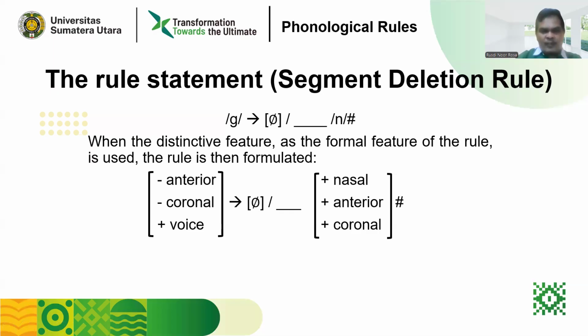So you must know exactly about distinctive features. So this is segment deletion. This is only one example. Once again, you can only formulate a phonological rule if you have regular data. So you must collect regular data and then you can formulate a phonological rule.